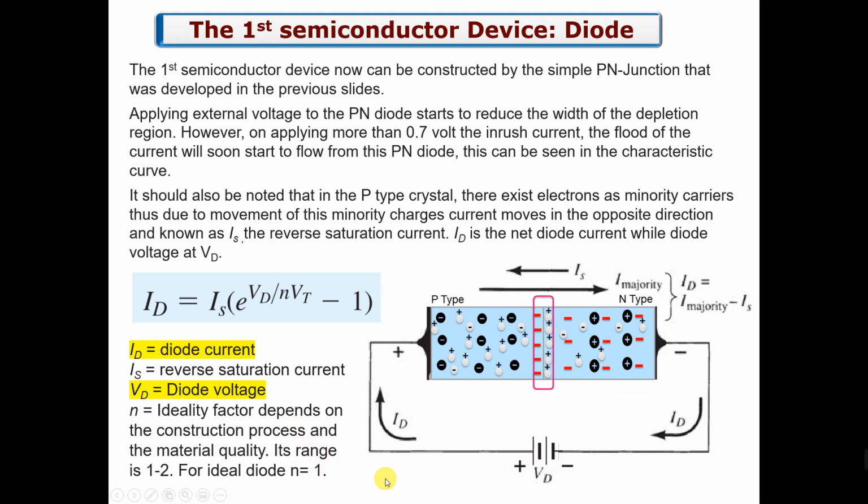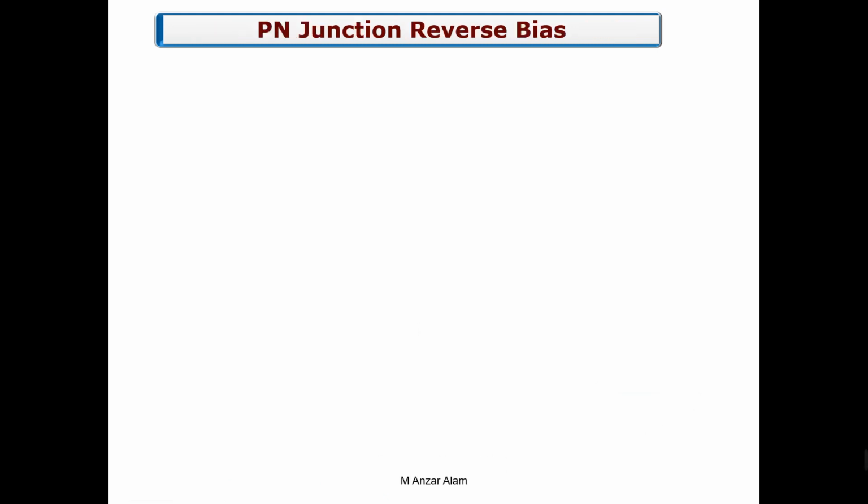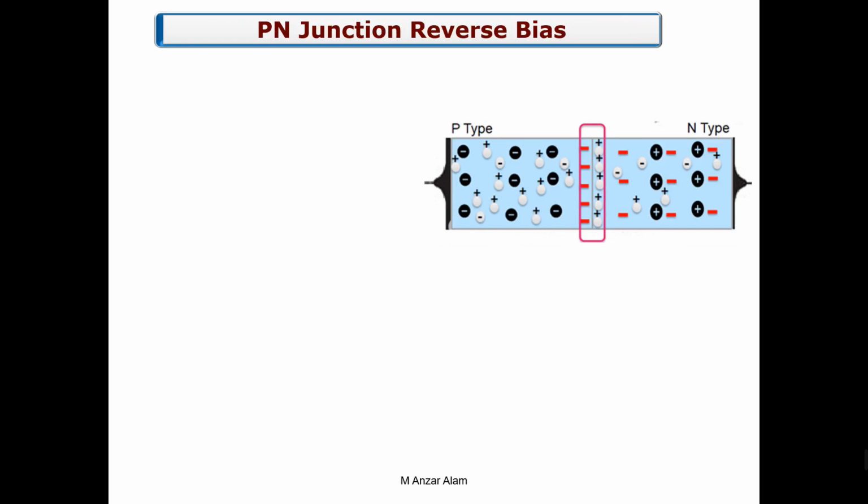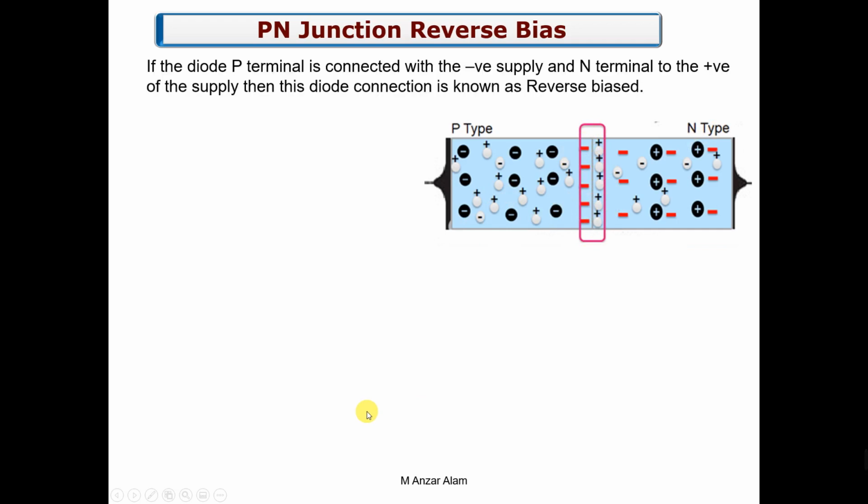Now, p-n junction reverse bias. If the diode is made and not connected with any external voltage, there is an electric field which opposes further flow of the charges. The reverse bias is when we connect the p-type material with the negative supply and the n-type material with the positive supply.